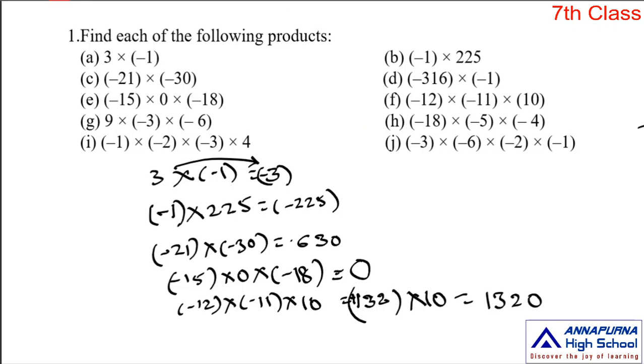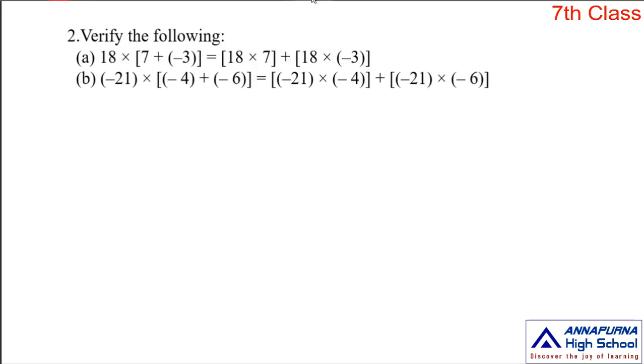Now, the second problem is: verify the following. 18 into 7 plus of minus 3 is equal to 18 into 7 plus 18 into minus 3. Take the A bit.